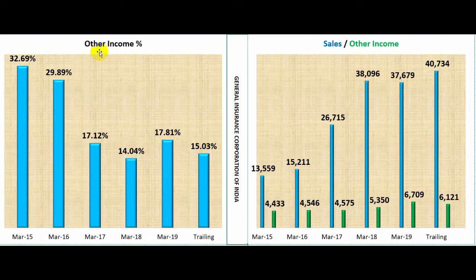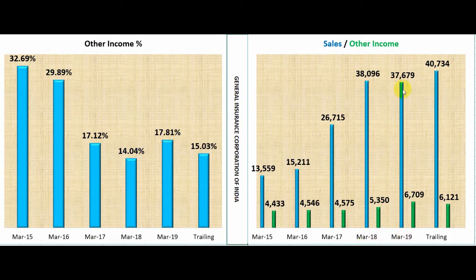The other source of income, that is the other income, has been contributing a substantial portion towards the net profit. In March 19, 17.81% of the sales came through other income. That is, other income helped the net profit to be in positive. Let us look at the individual numbers.